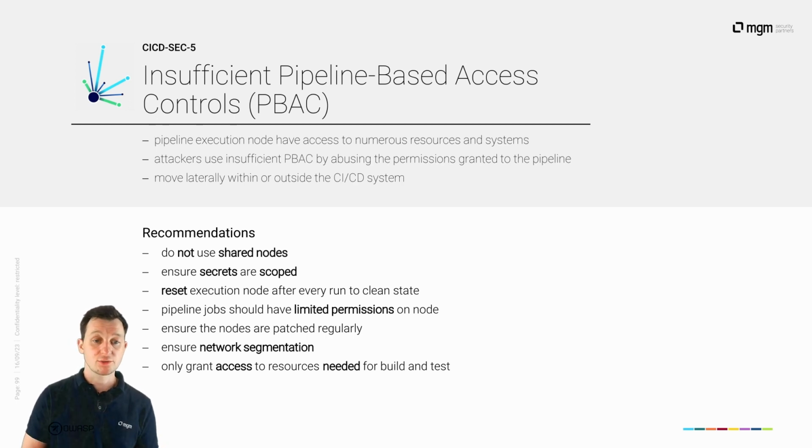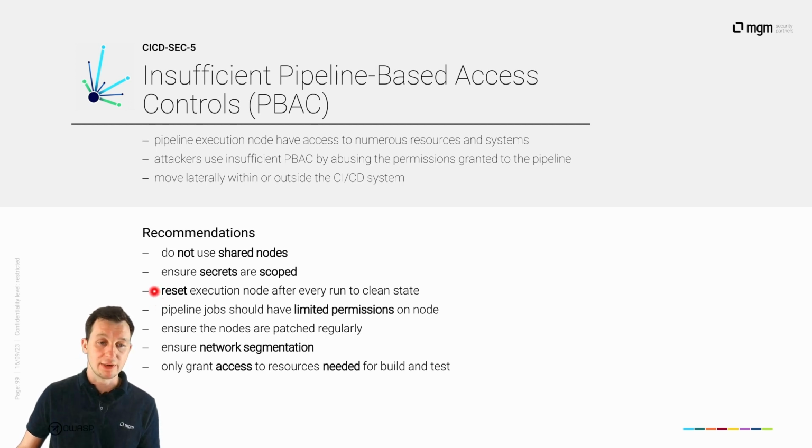So what is the recommendation on that? You should not use shared nodes. You should ensure that secrets are scoped, that secrets are only in the scope of this execution, that you reset your runners after the execution of your build or test or whatever you did.